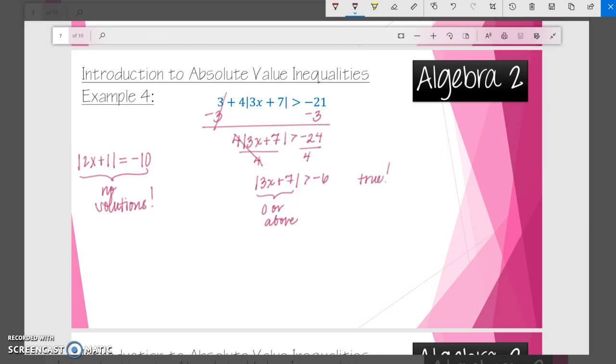And so what that means is that any value of x makes that inequality true. So in this case, we can say all real numbers or all solutions will make that true. So that's one of those special cases. We come across those with equations and inequalities and absolute value equations and inequalities as well.